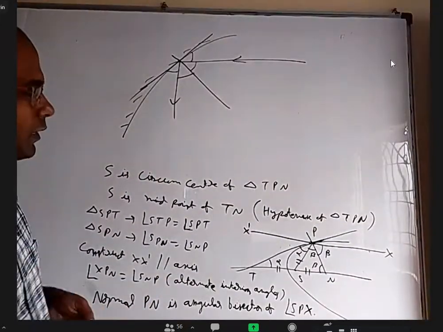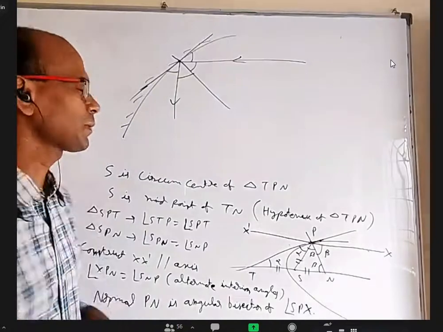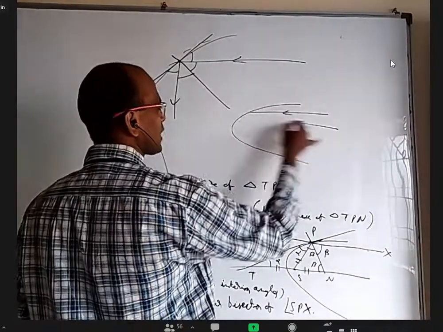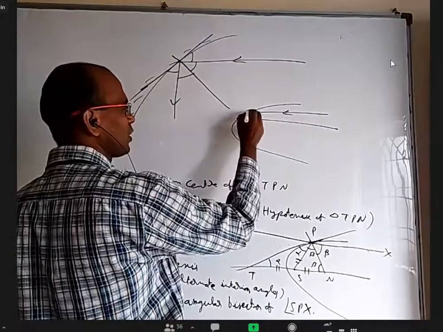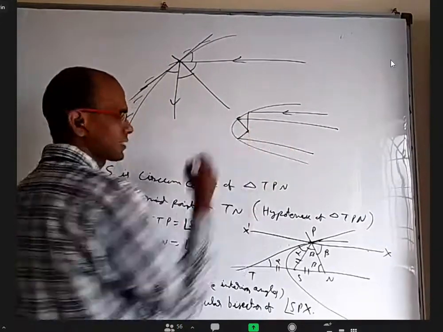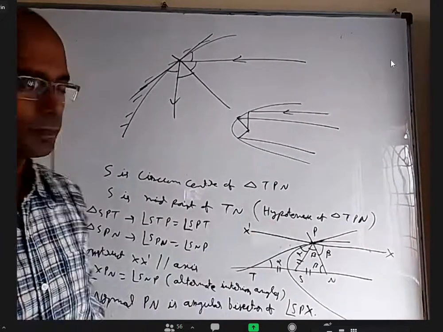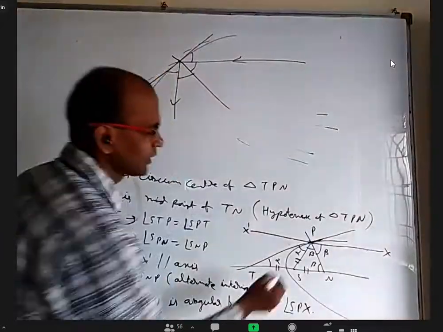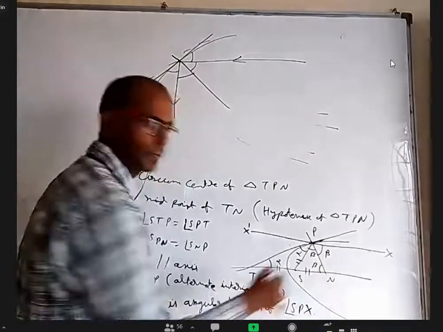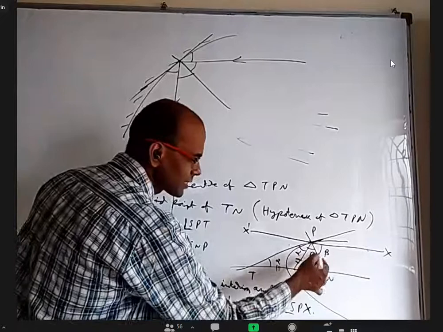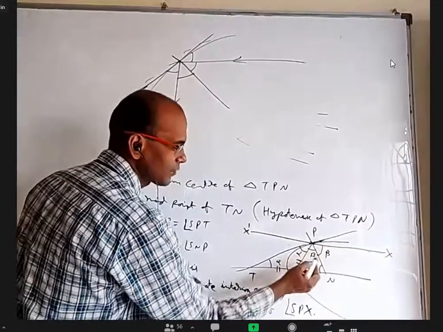So in the beginning of the chapter parabola, I said, you take any line parallel to axis, after reflection, they all will pass through focus. Did I say that? Yes, sir. We just now proved that. You know why? Is this the normal? If you send a light ray like this and these angles are equal, this is incident ray, this is angle of incidence, this is angle of reflection.